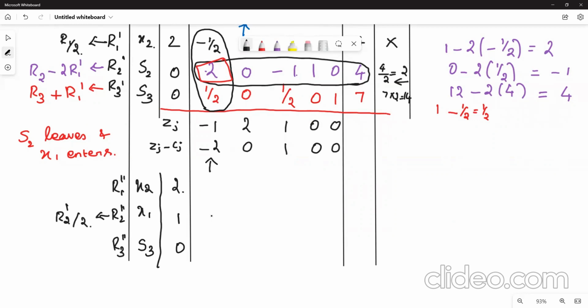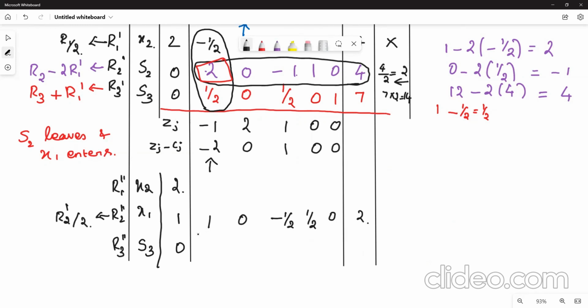So dividing R2 dash by 2, 2 by 2 is 1, 0 by 2 is 0, minus 1 by 2, 1 by 2, 0 by 2, 4 by 2. Next task is to make minus 1 by 2, that is R1 dash entry to be 0. When will this minus 1 by 2 become 0? We have to do the row operation only with newly formed row, that is R2 double dash. There minus 1 by 2, here I have 1.